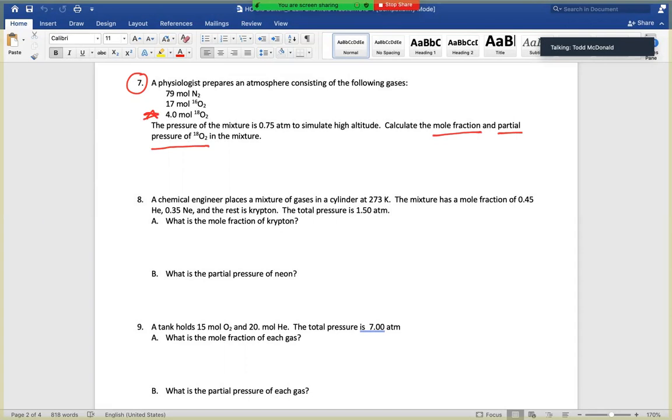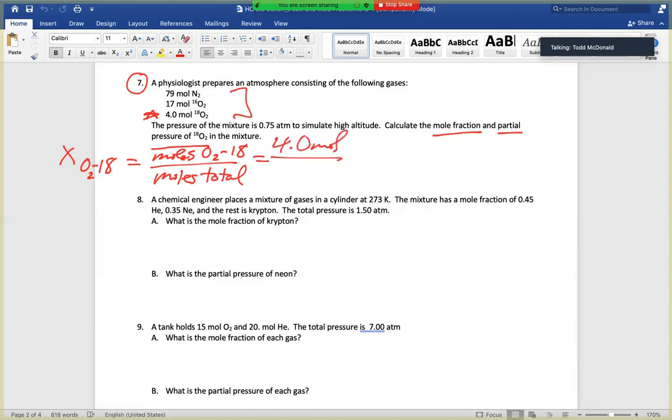In order to get the mole fraction of oxygen 18, I'm going to write it as O2 18, it's another way to write it. The mole fraction of oxygen 18 is going to be the moles of O2 18 over moles total. So what I have to do is just take how many moles of oxygen 18, that's 4 moles, over my total moles.